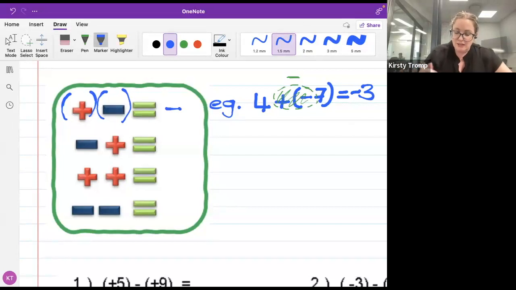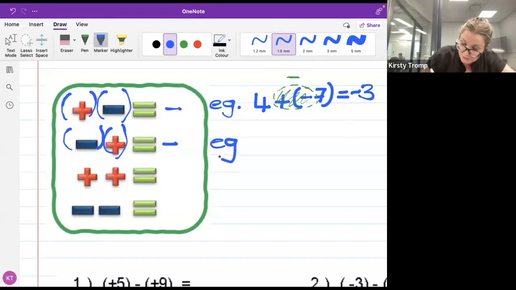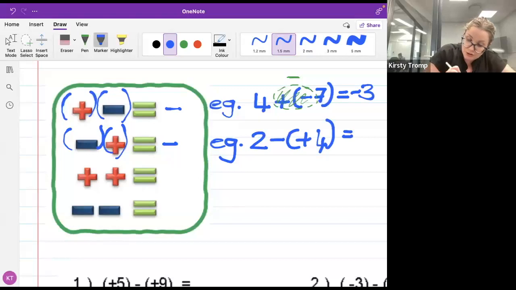My next one, I've got a negative sign and a positive sign next to each other. When I have a negative and a positive next to each other, I'm going to be left with a negative, like you guys are telling me in the chat. Fantastic. So for example, if I have 2 minus positive 4, I'm going to do the steps quickly.